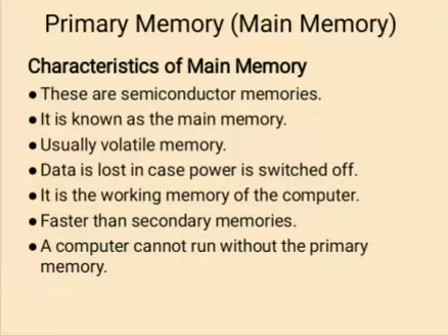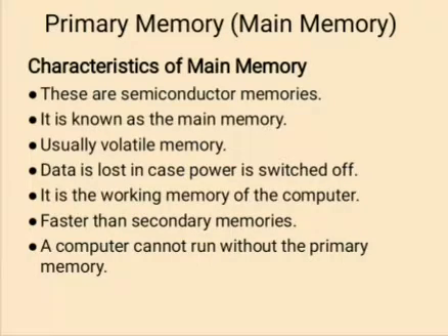So these are the characteristics of main memory or primary memory. I repeat once again, these are semiconductor memories. It is also known as the main memory, usually volatile memory, and data is lost in case power is switched off.